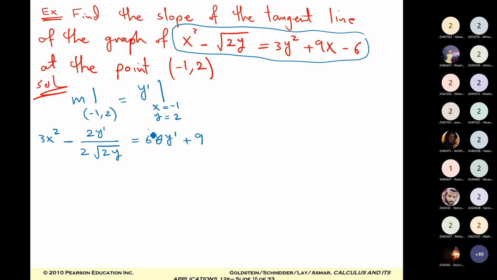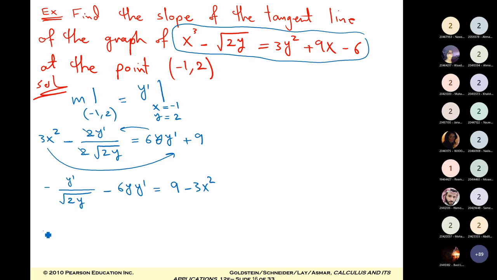Now we need to move this one to the left and this one to the right. So we have minus, remove 2 with 2, y prime over radical 2y minus 6y y prime, and on the other side we have 9 minus 3x squared.